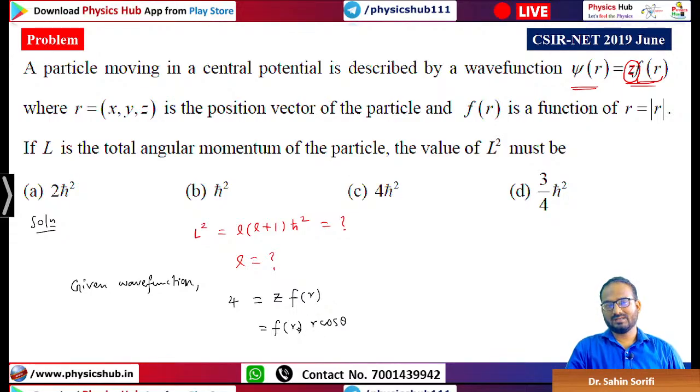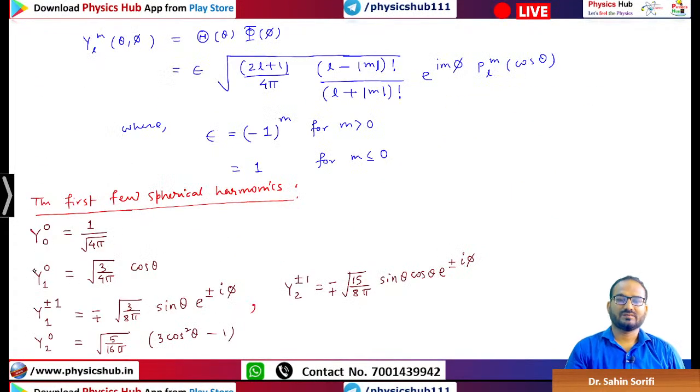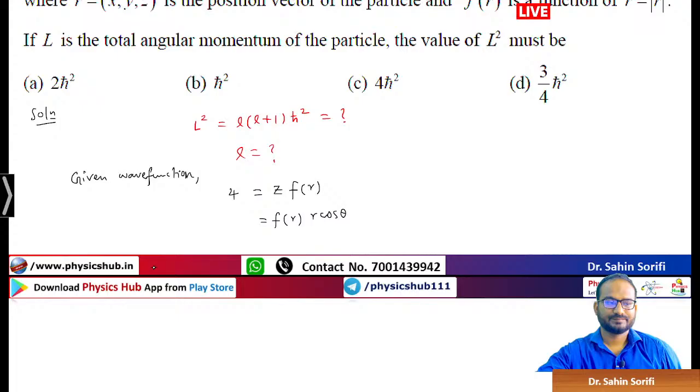So r into f of r will come under the radial part, and the only angular part is cos theta. Where do you see cos theta? We see it in one place: Y10 equals square root of 3 by 4 pi cos theta.